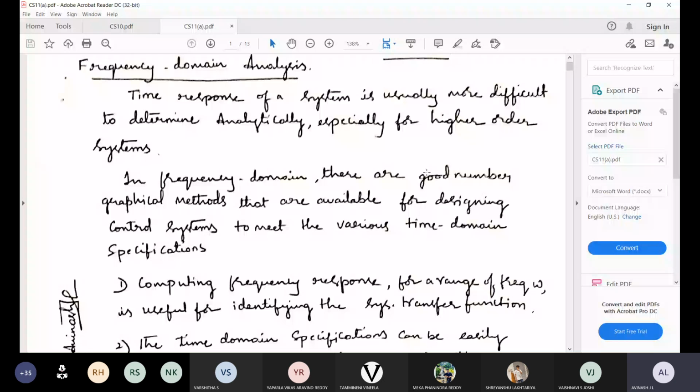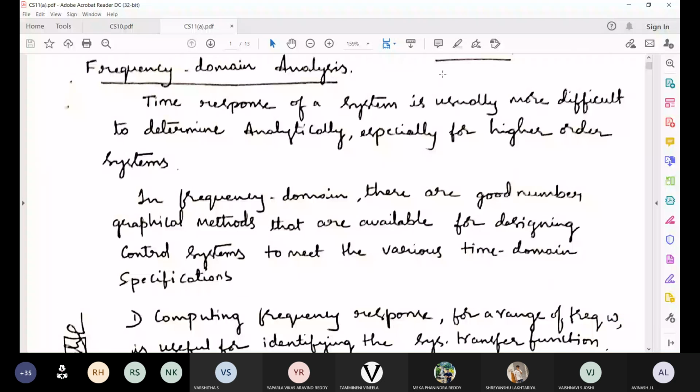In the frequency domain analysis, you can understand that the time response of a system is usually more difficult to determine analytically, especially in higher order systems.